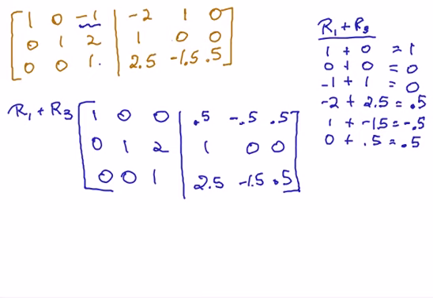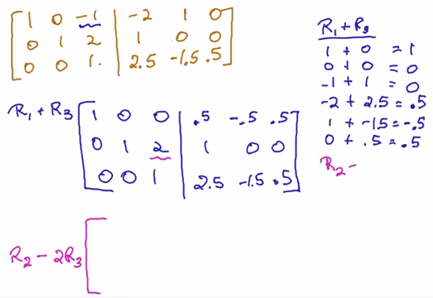Got one more step. We need to turn this 2 into a 0, and so I need to be changing row 2. The best way to do that is, remember, you always want to subtract or add a negative to get those zeros. So we're going to do row 2 minus 2 times row 3. If I multiply row 3 times 2 and then subtract it from row 2, that's going to give me a 0 in that middle cell.